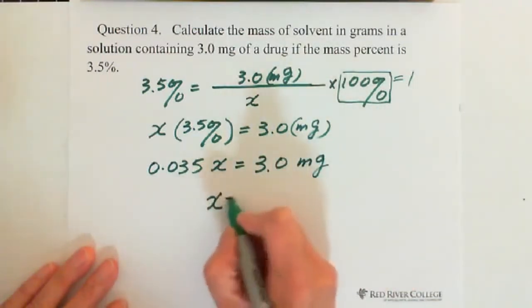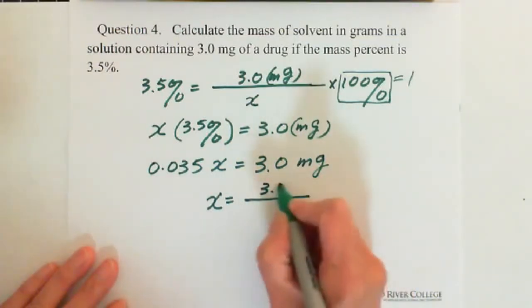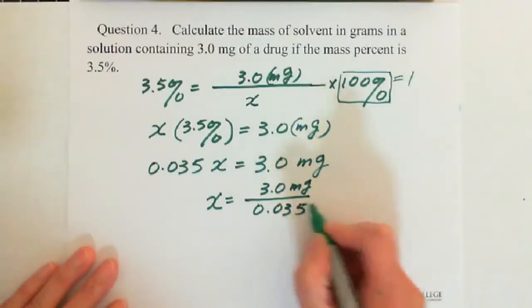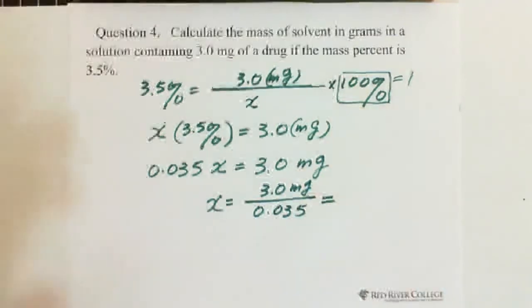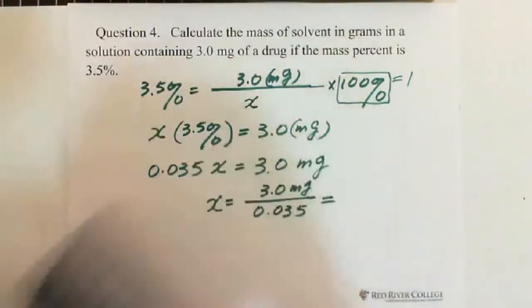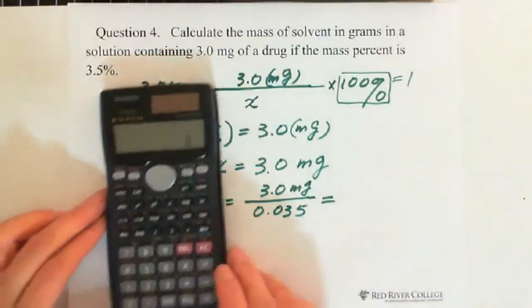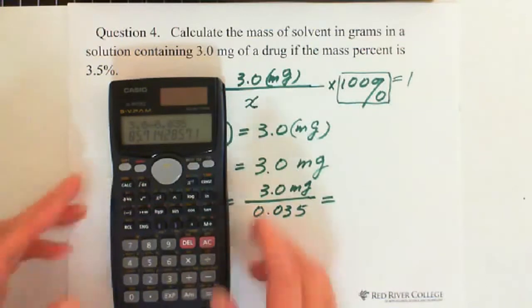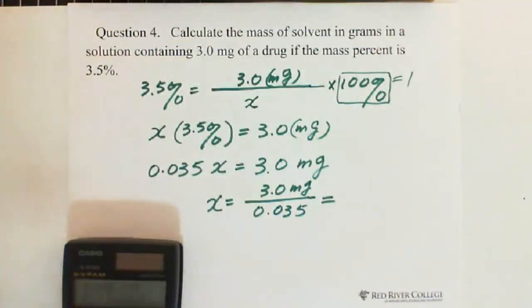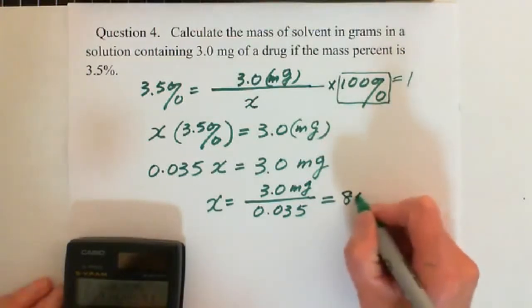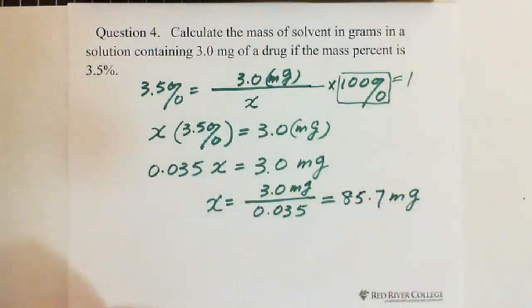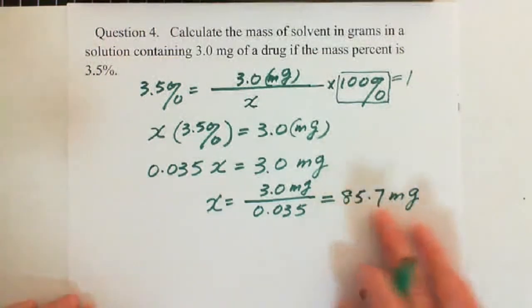So X equals 3.0 milligrams on the top and 0.035 on the bottom. We can use a calculator: 3.0 divided by 0.035 equals 85.7. We got 85.7 milligrams. So this one is the mass of solution, right?